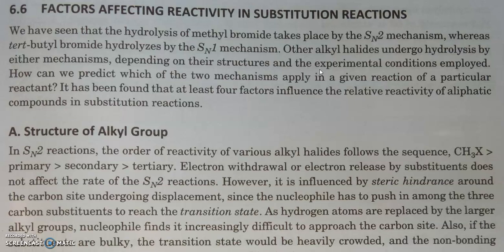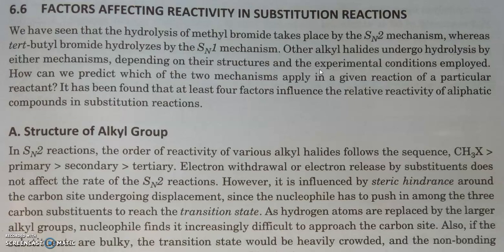So you know about the hydrolysis of methyl bromide, which takes place by SN2 mechanism. You also know tert-butyl bromide is hydrolyzed by SN1 mechanism. These two things are already clear to you, means you know about SN1 and SN2. SN2 reactions occur for methyl bromide or primary halides, and SN1 mechanism for tert-butyl bromide and tertiary halides.